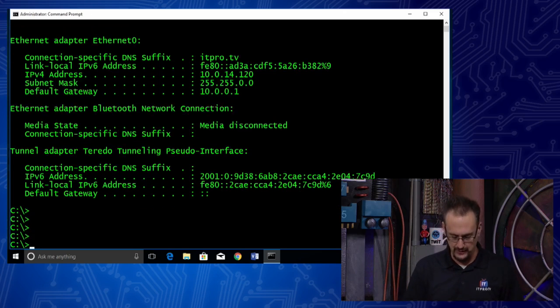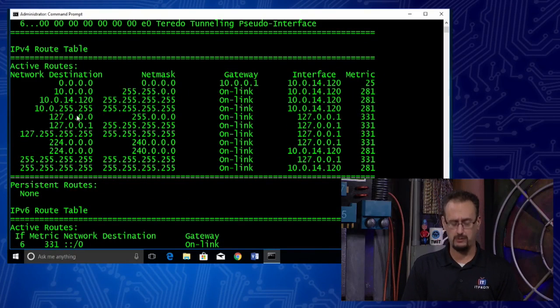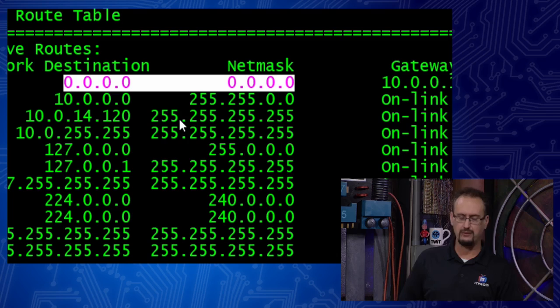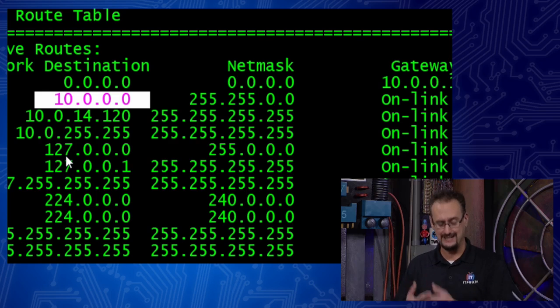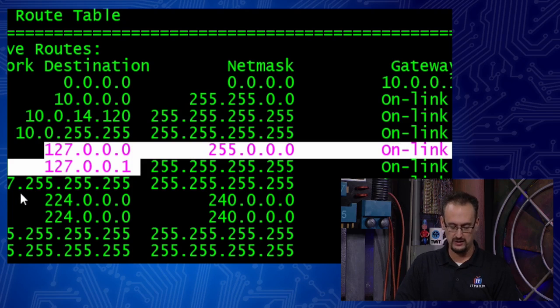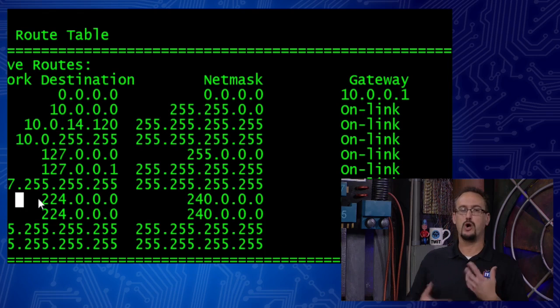But you'll see that quite a few times I've run what's known as the route print command. And the route print command shows us our routing table, right? And in IPv4, one of the things I told you is you have this default route. This default route says that if my computer can't find the destination address in the packet on the local network, within the loopback network, or in this case within the multicast addresses, it doesn't know routing.